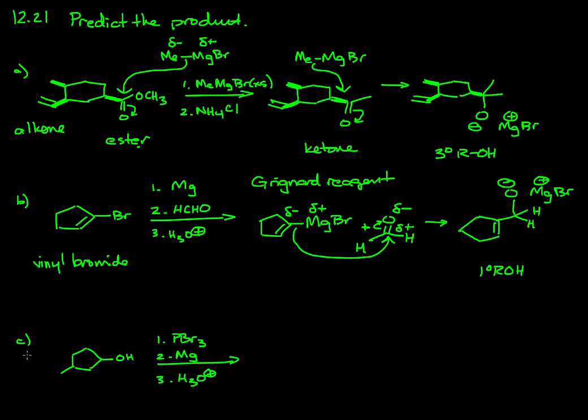In part C, again keeping with our strategy, we're going to identify the major functional groups present. In this case, we have a secondary alcohol. We're going to take this step by step. In step 1, we're treating with phosphorus tribromide.